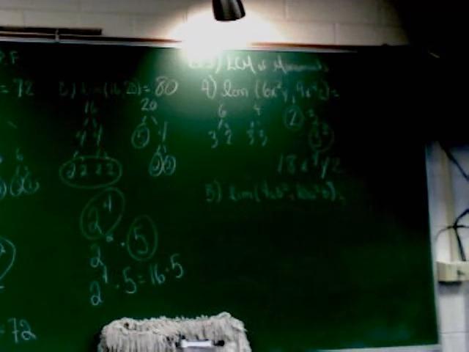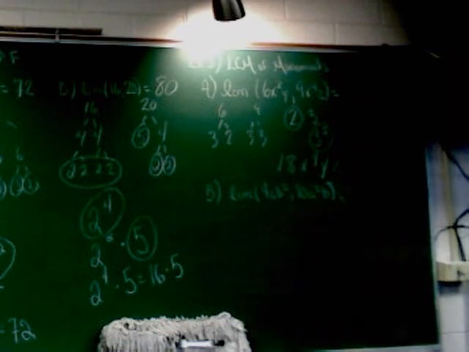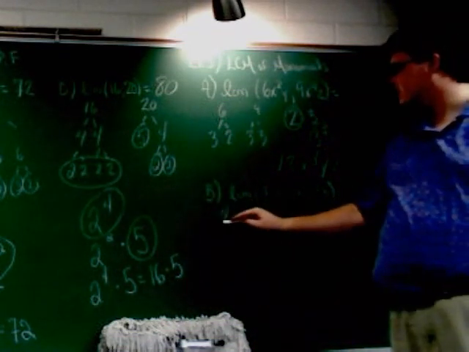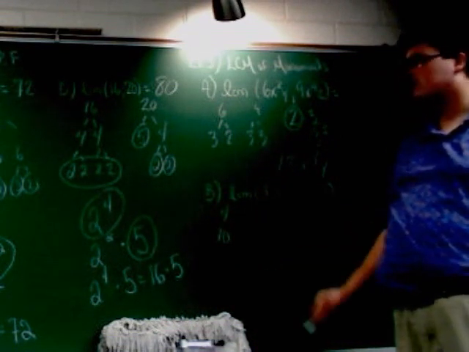All right, let's try that one more time, because I see there is some confusion. So 4ab squared, 10a squared b. Least common multiple of 4ab squared and 10a squared b. All right, so let's start by listing multiples of 4 and 10.